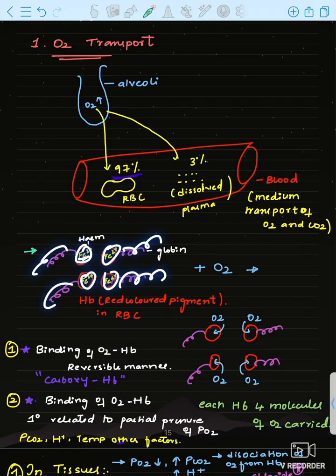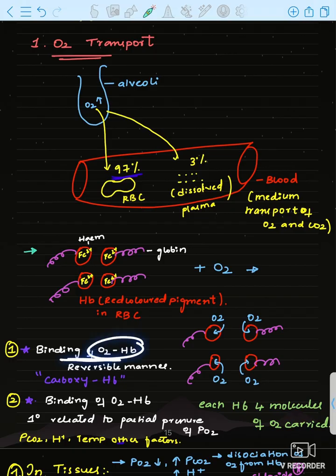Heme has Fe2+. Oxygen will attach to heme, a maximum of 4 molecules of O2 to each hemoglobin. Binding of oxygen with hemoglobin is reversible, primarily related to partial pressure of O2. Other factors are PCO2, H plus and temperature.